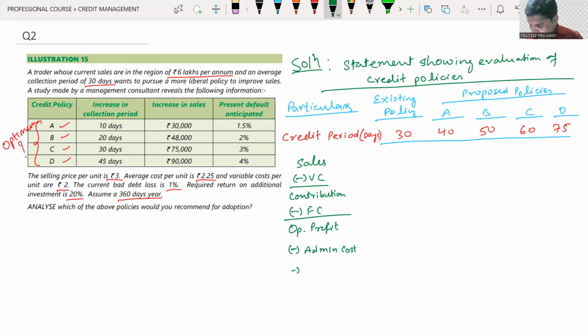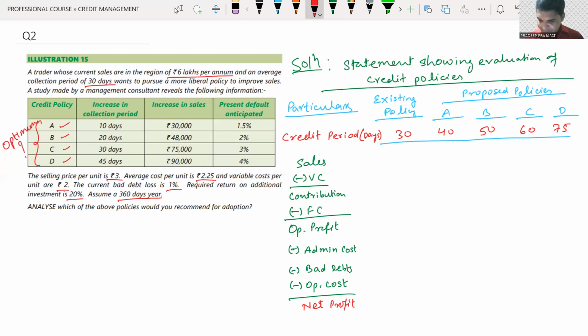You have to deduct bad debt and opportunity cost. At the end, you will get net profit. So this is a simple statement you have to follow. This is a simple format. First, write down this statement. Fill the figures in this statement, whatever data is available in the question, and calculate wherever it is required.